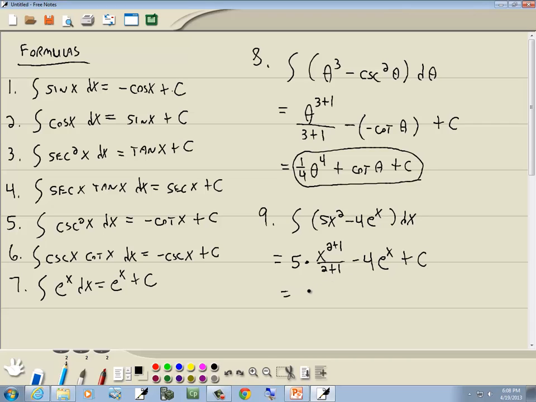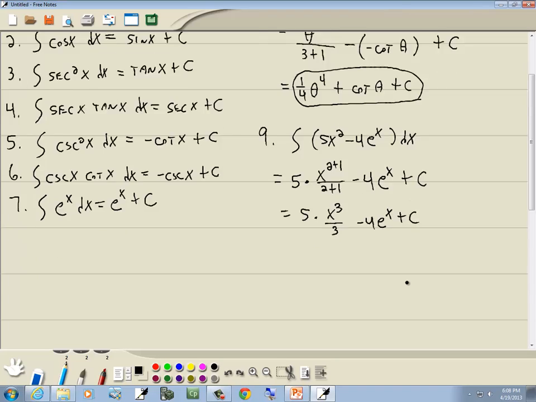So then this becomes 5 times x to the third over 3 minus 4e to the x plus c, which gives us 5/3 x to the third minus 4e to the x plus c.